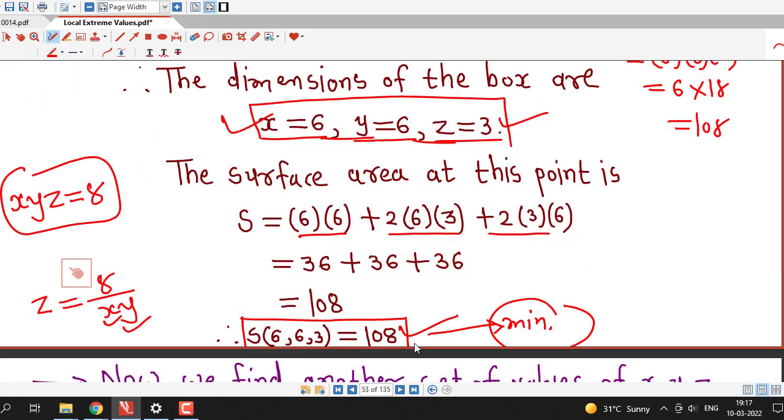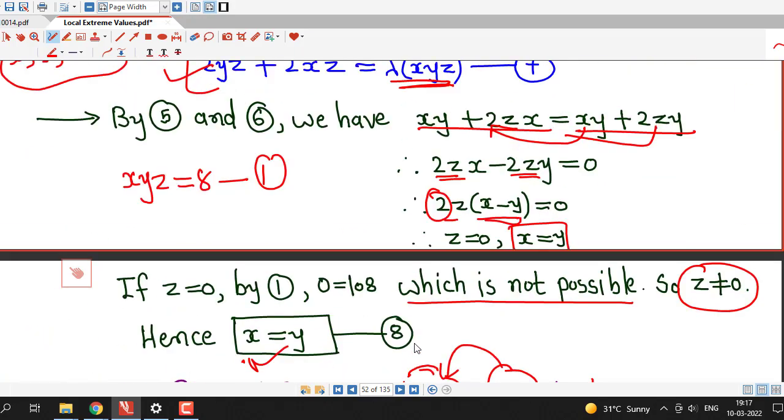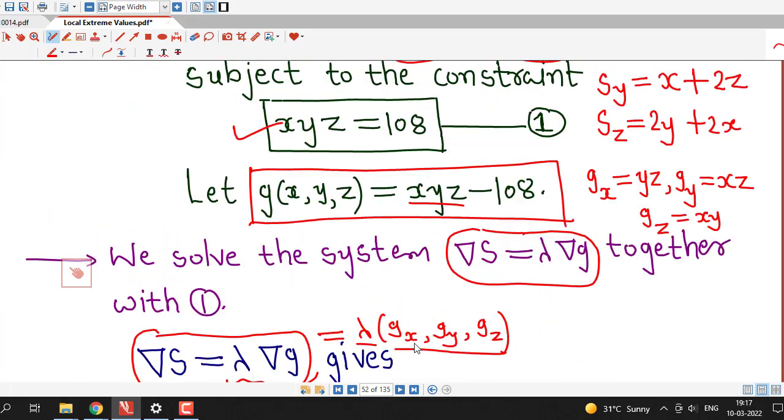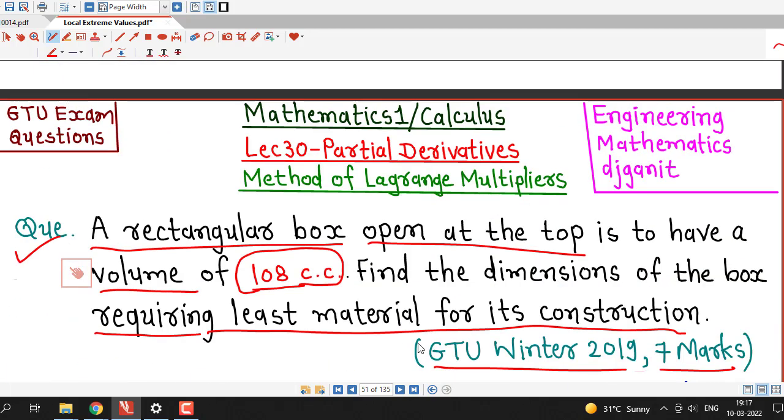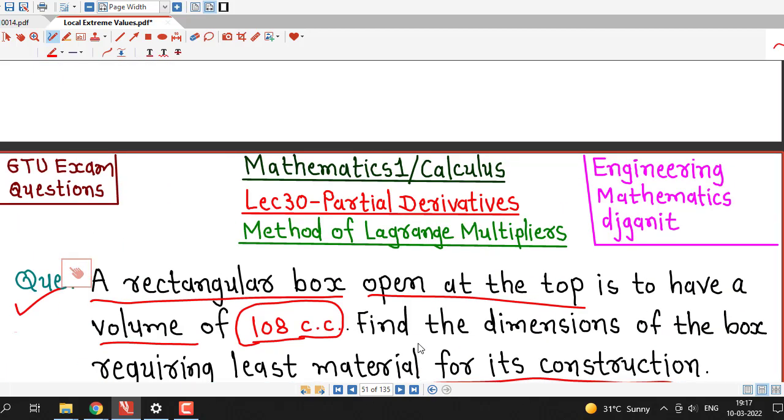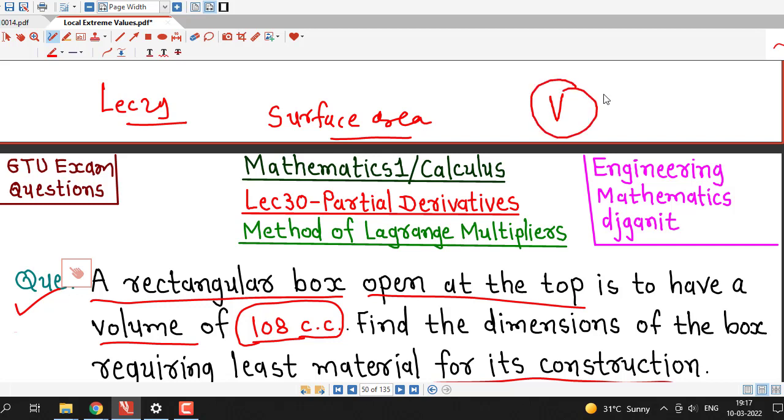So in this problem, volume is given, or we have a constraint in terms of volume, and we are minimizing the surface area. In lecture number 29, we had given the surface area. Our constraint was on the surface area, and we found the volume or maximum value of volume.